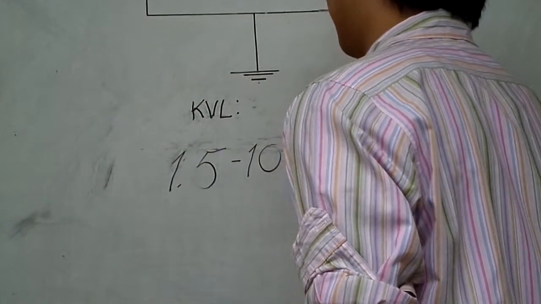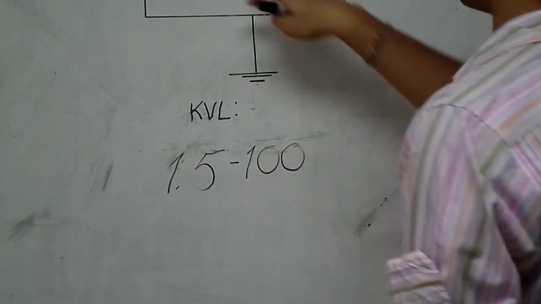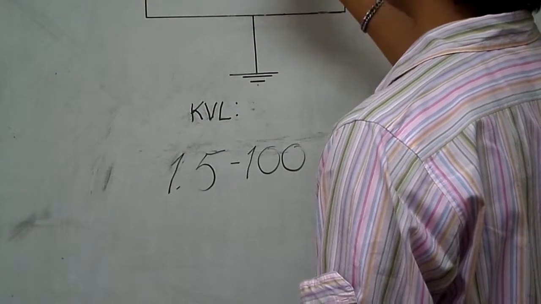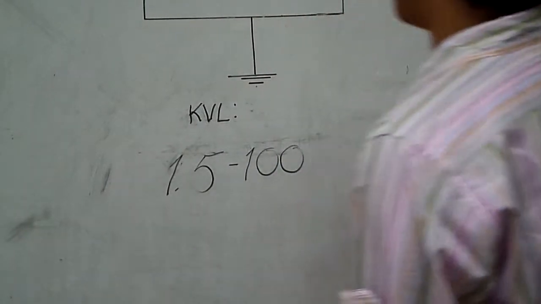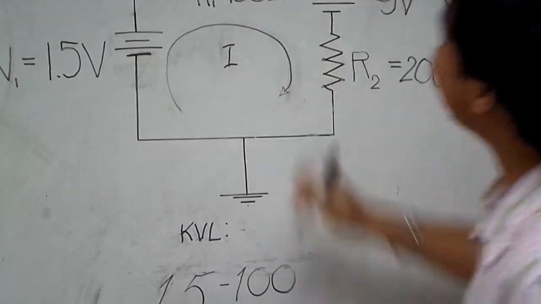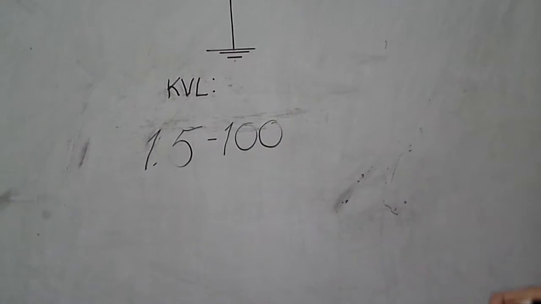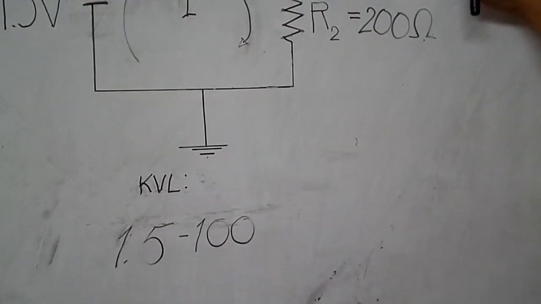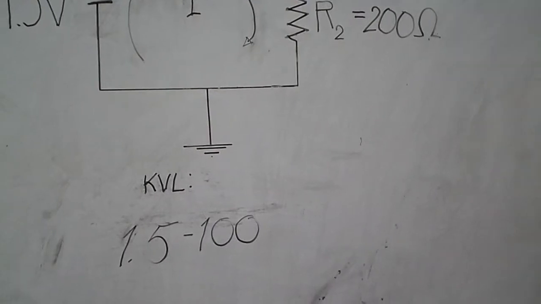The current across here is I. Oh, I forgot to name the loop. It is named as I. Next will be the voltage source. Here we can notice that the loop enters the positive polarity and exits to the negative polarity.